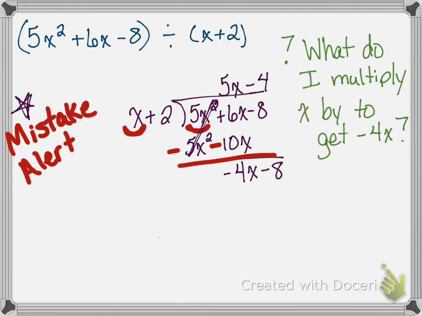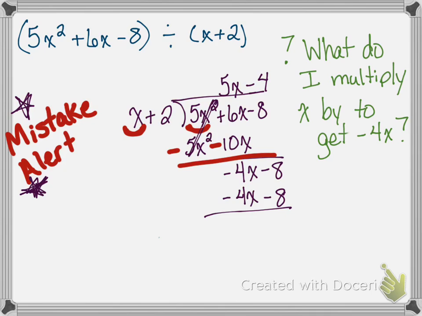So now I'm going to multiply. Negative 4 times 2 is negative 8. Negative 4 times x is negative 4x. Now again, thinking about the area where we might make a mistake, remember we are subtracting. So we are subtracting negative 4x minus 8 from negative 4x minus 8.